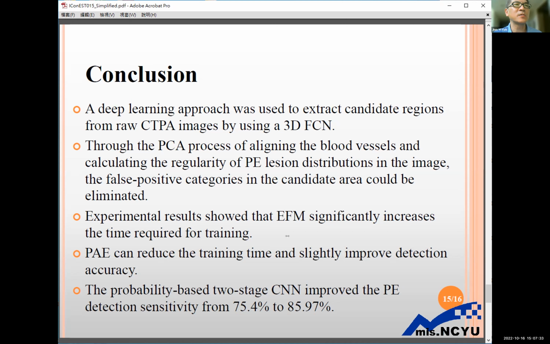Experimental results show that EFM significantly increases the time required for training, and the PAE can reduce the training time and slightly improve detection accuracy. Finally, the probability-based two-stage CNN improved the PE detection sensitivity from 75.4% to 85.97%. So we got a very good result.